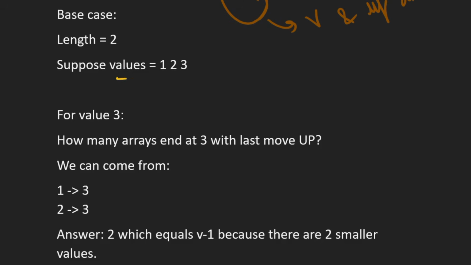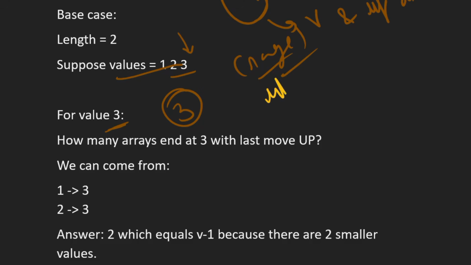Suppose we have values 1 to 3 in our range. We have these three different values. Now suppose we look at value 3: how many arrays will end with 3 and the last move should be in the up direction?